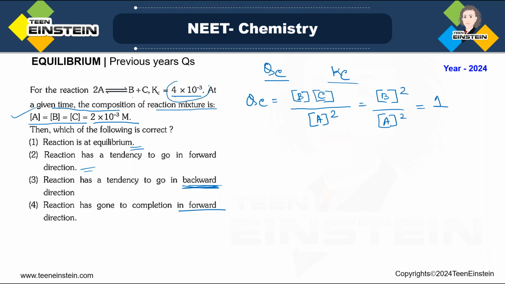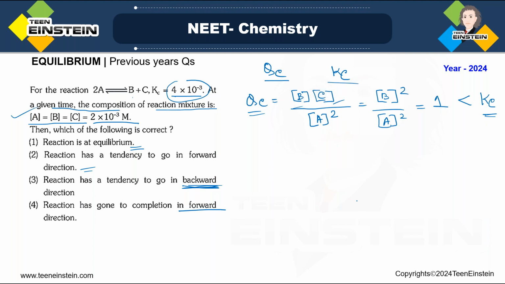Now look at the value of Kc. It is 4 × 10^-3. So Qc is basically greater than Kc. This means that in the medium, the amount of B and C is too high. The system will have a tendency to produce more A, so that the value of Qc can become equal to Kc.